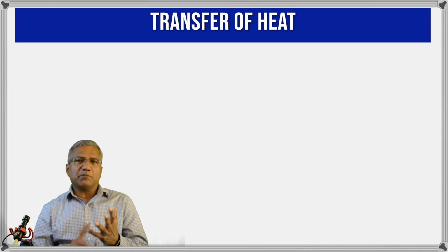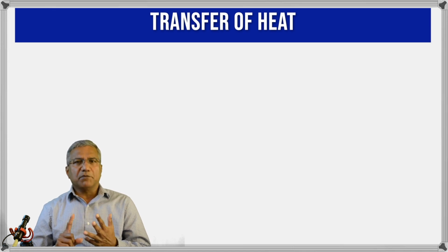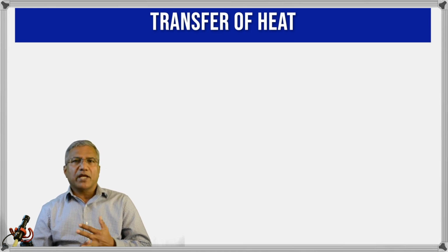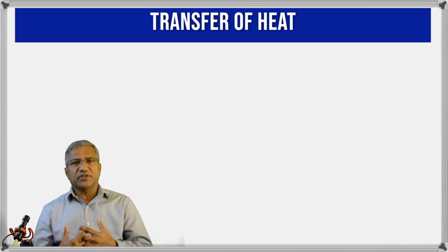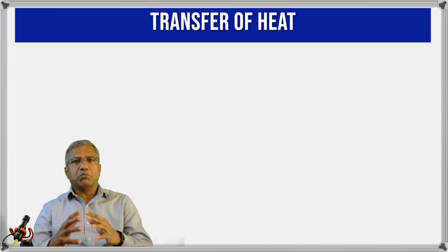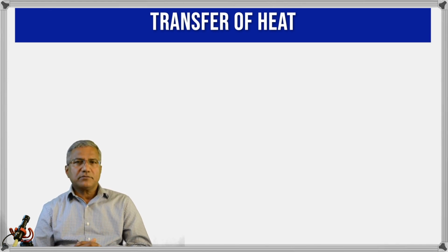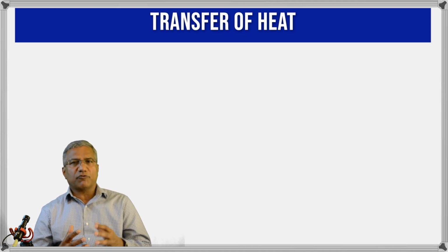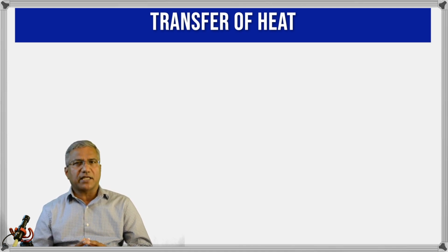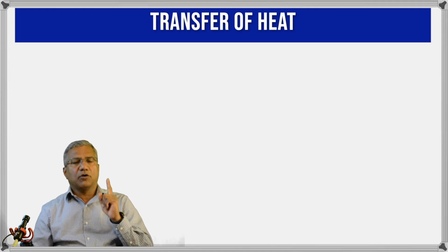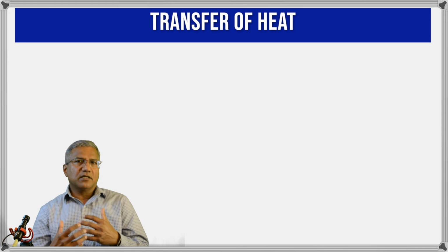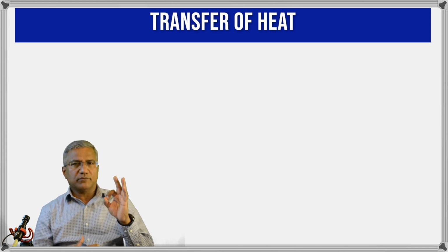So radiation depends on the temperature, it depends on the surface area, and it also depends on the nature of the surface. If it's a black object, it will radiate more than a white polished object. So in fact, the radiation of a black object is taken as the standard, taken as 1 or 100%, and the radiation of a white polished surface is taken as 0.